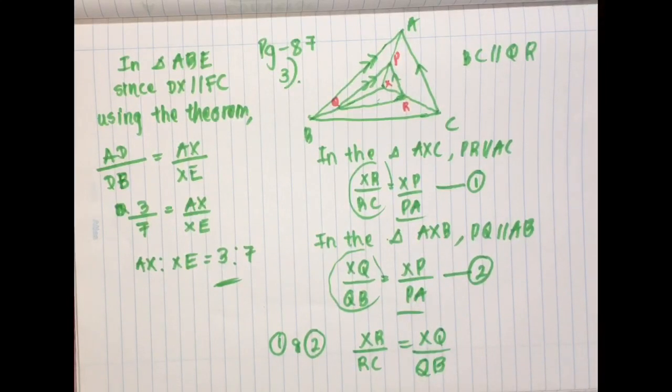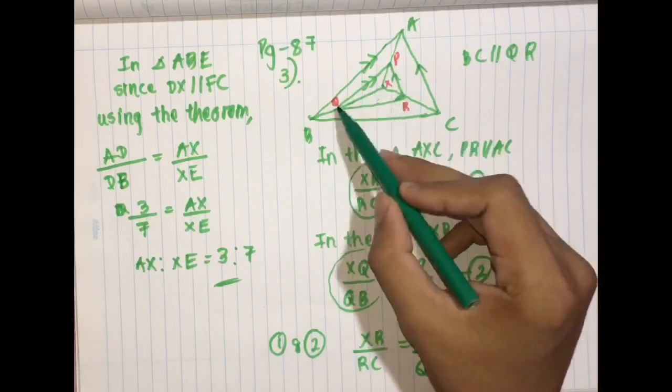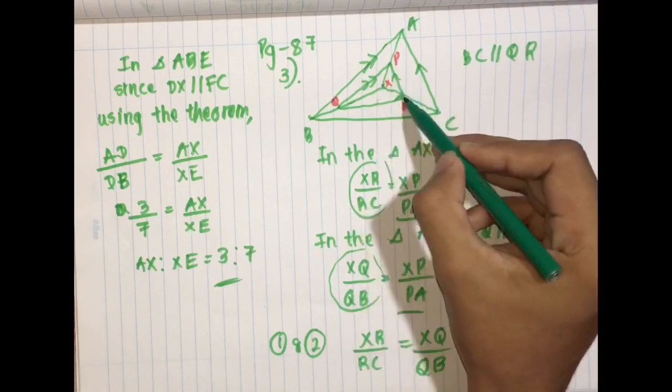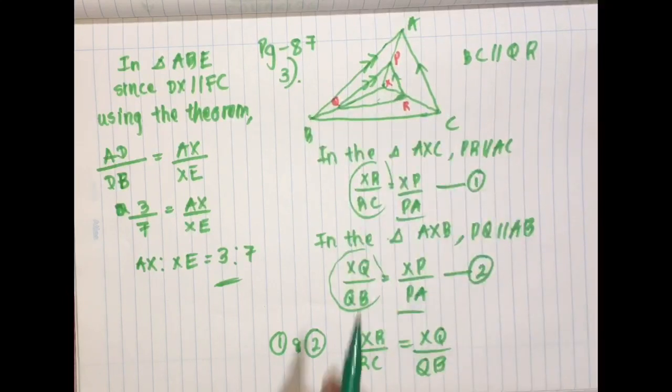Is that part clear? These two are equal, right? XR to RC and XQ to QB.